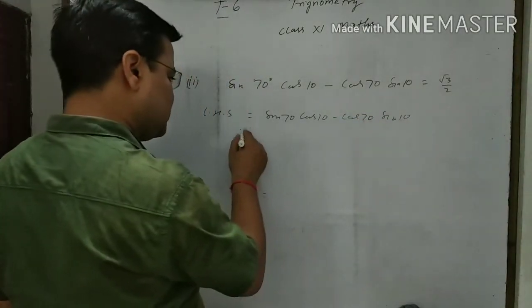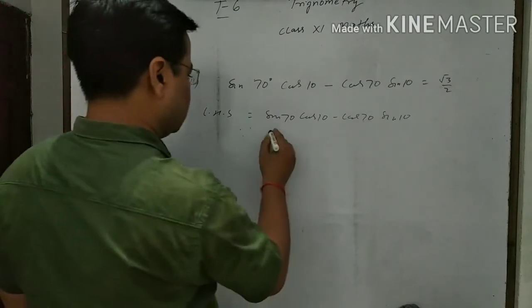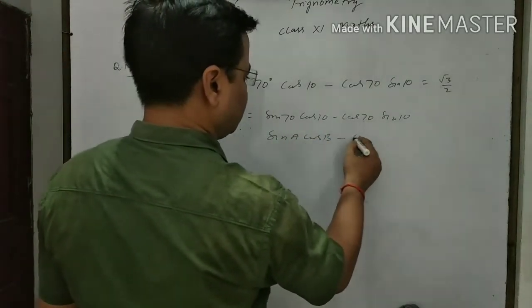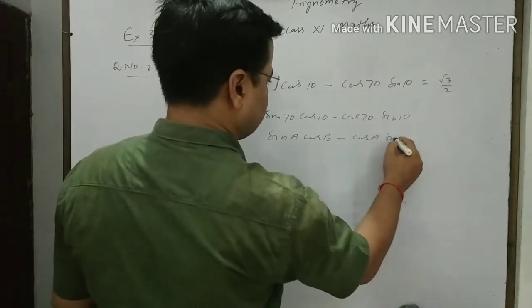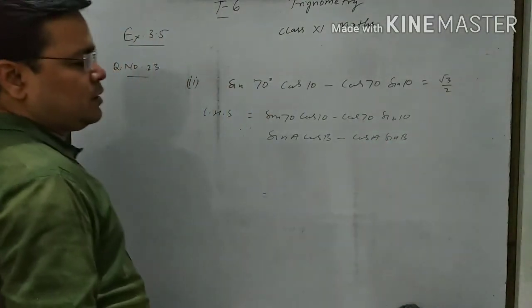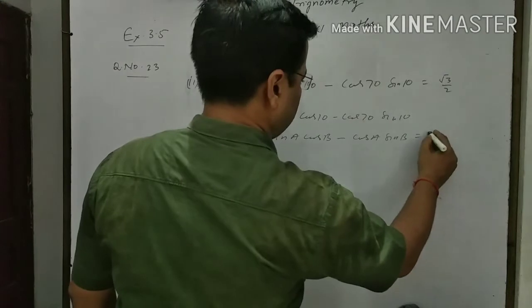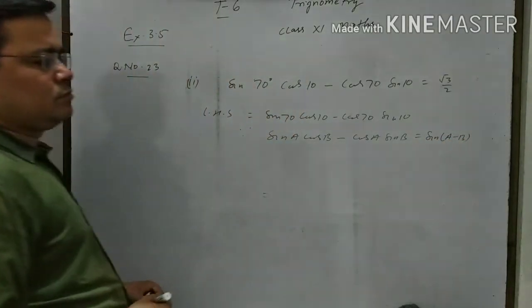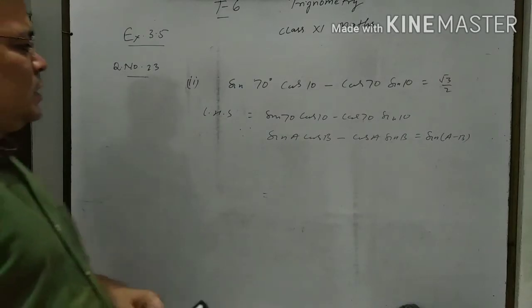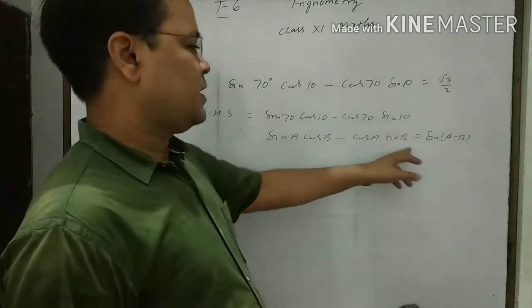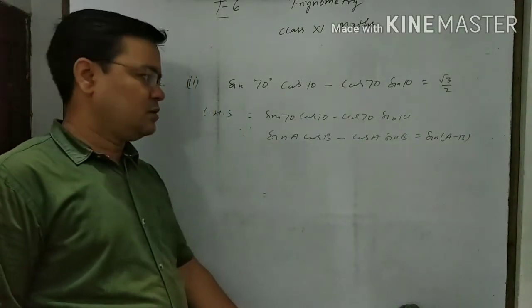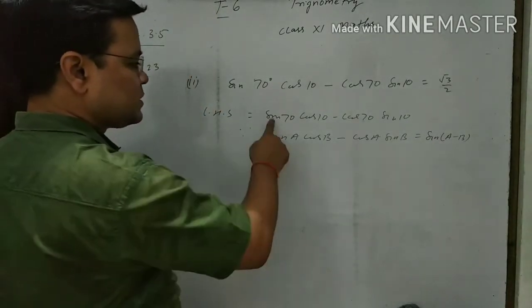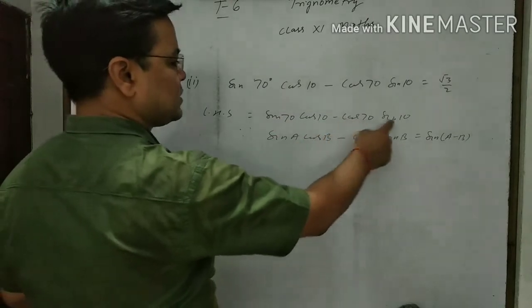Here we know that sin A cos B minus cos A sin B is equal to sin of A minus B. This is the formula. So on this basis, sin A cos B minus cos A sin B is sin A minus B.